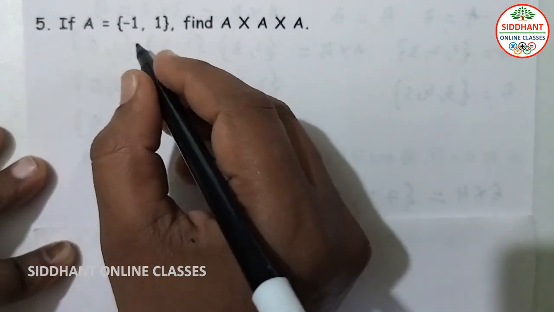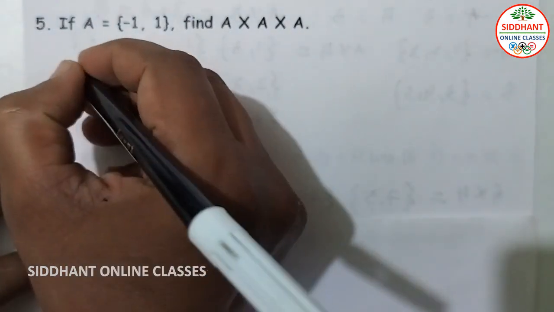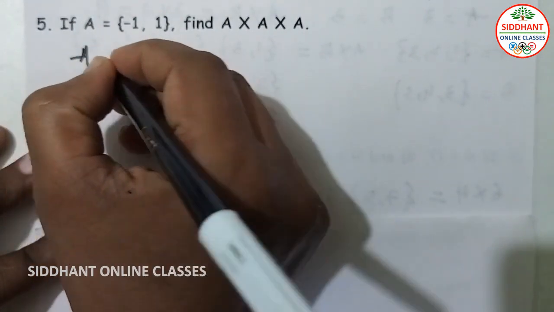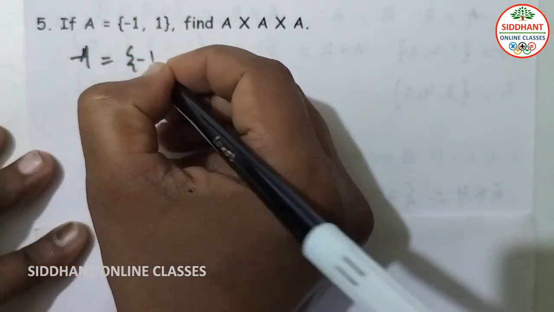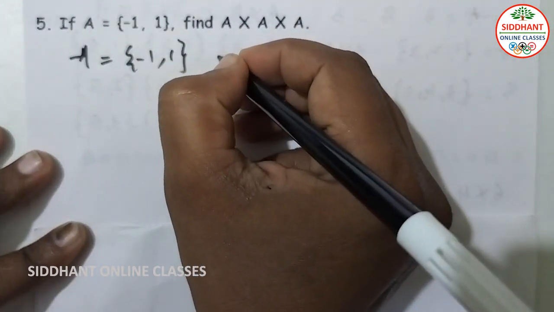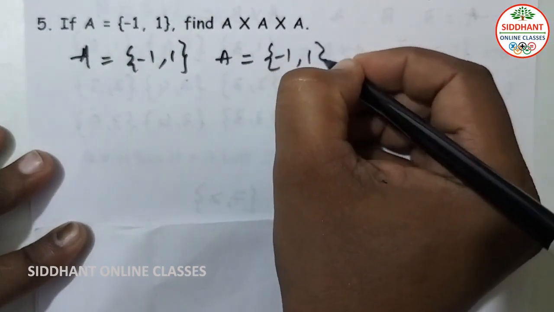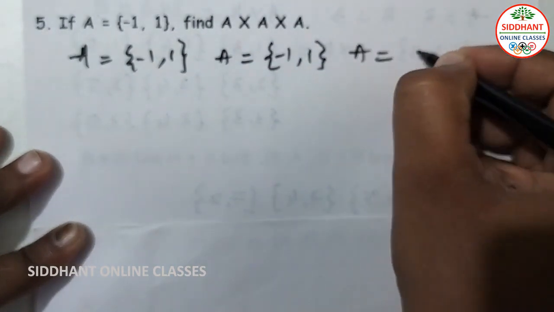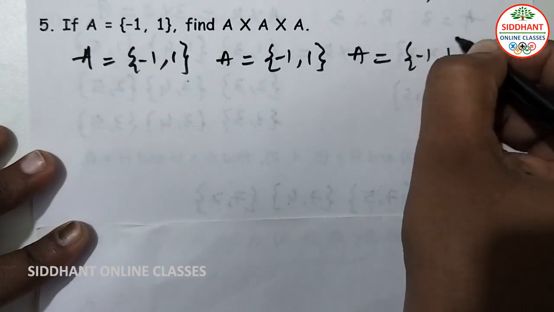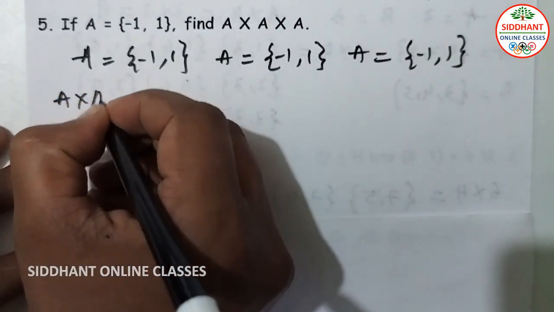Question number 5. If A is the set {-1, 1}, find A cross A. So A cross A we are going to see now.